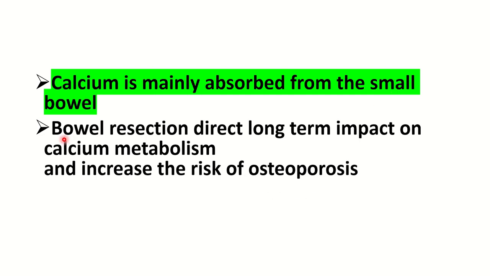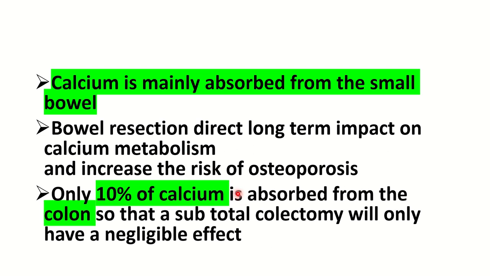And the second one, here we can see the bowel resection has a direct long-term impact on calcium metabolism and increases the risk of osteoporosis. The small bowel, that means the duodenum, jejunum, and ileum, has a direct impact on calcium metabolism and produces symptoms due to a lack of blood calcium level.